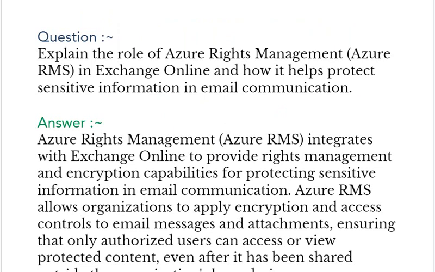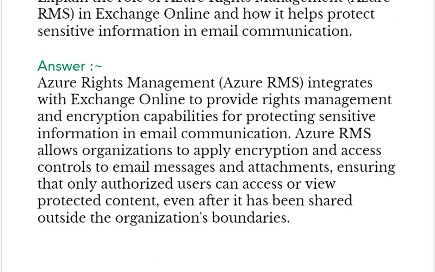Our interview question based on MS-203 is: explain the role of Azure Rights Management, that is Azure RMS, in Exchange Online and how it helps protect sensitive information in email communication. Your answer should be Azure Rights Management. Azure RMS integrates with Exchange Online to provide rights management and encryption capabilities for protecting sensitive information in email communication.